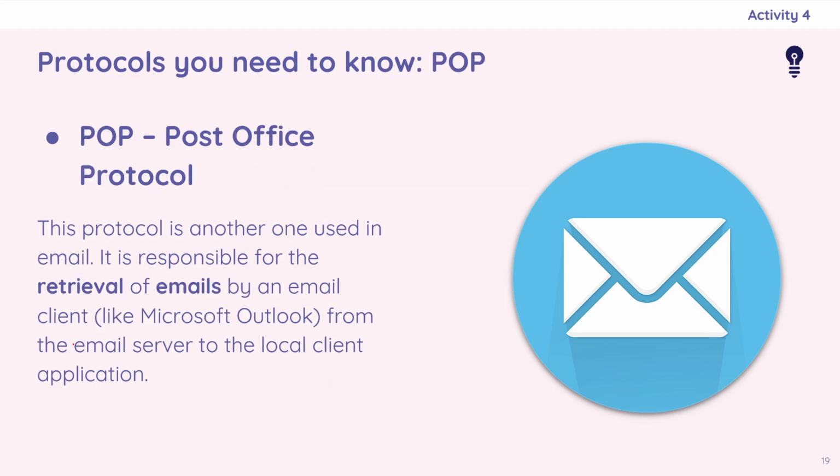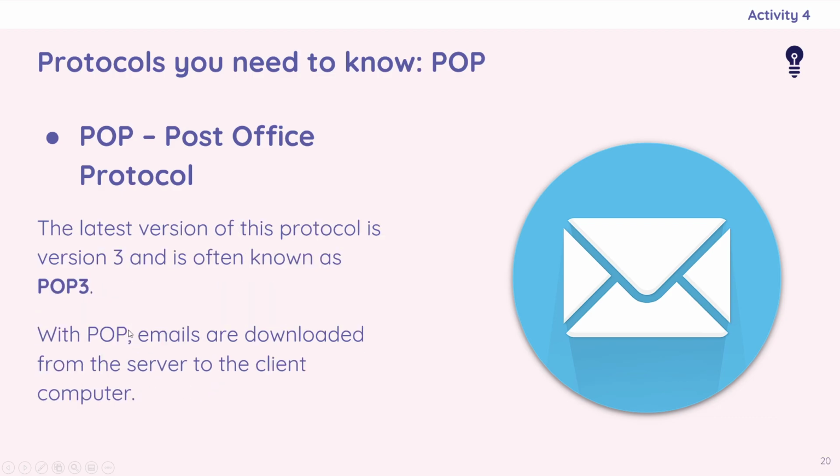POP, on the other hand, is a bit of the opposite way. In essence, the protocol retrieves the emails to something like Office 365 or Outlook from an email server. And the latest version of that is called POP3. With POP, those emails are downloaded from the server to the client.